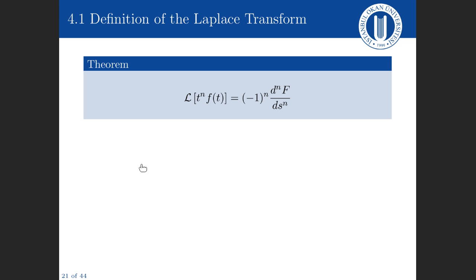Here's a theorem with a formula which we will find useful. The Laplace transform of t to the power n multiplied by some function f of t is equal to minus 1 to the power n multiplied by the nth derivative of capital F, where capital F is the Laplace transform of small f.